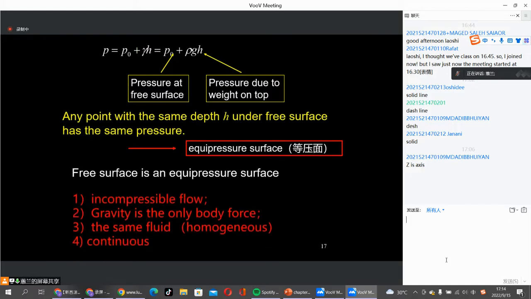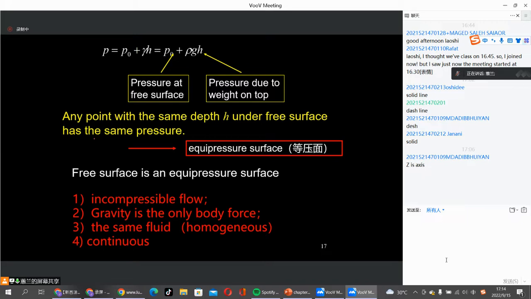So when you use this equation, remind yourself that rho is a constant, meaning incompressible flow. Also, we only consider the gravity force, so gravity is the only body force. Later on we will include more body forces, but here only gravity.